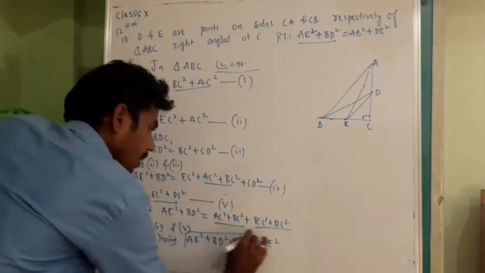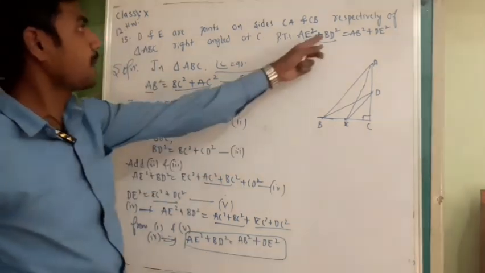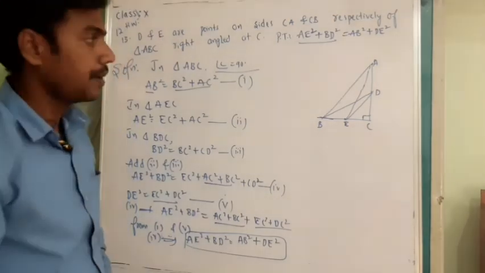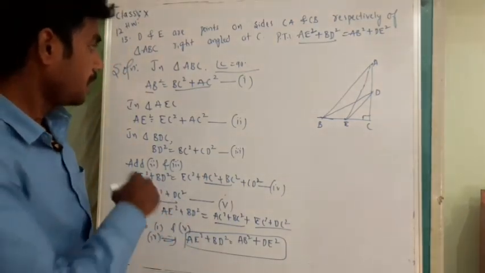So this is the required proof: AE square plus BD square is equal to AB square plus DE square. Understood? So please note this down.